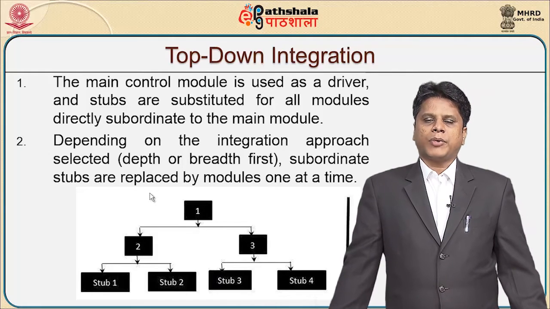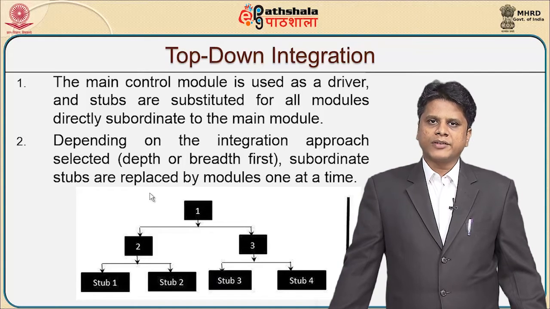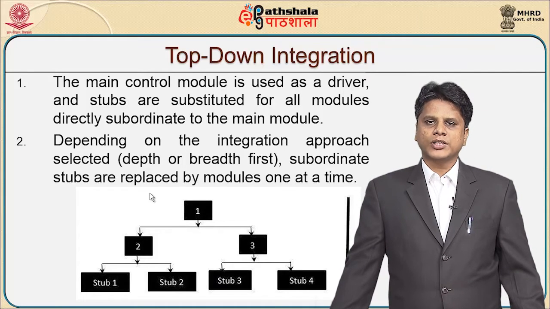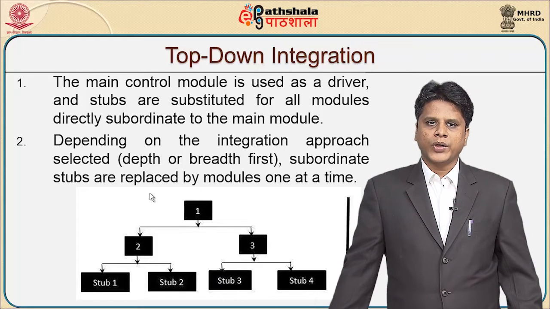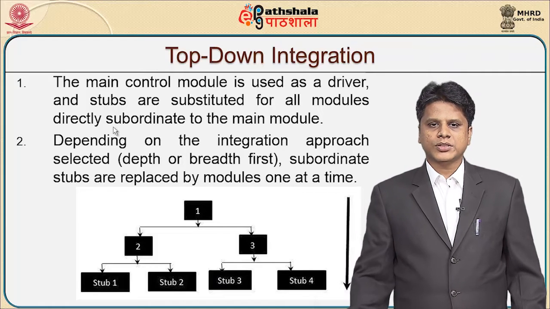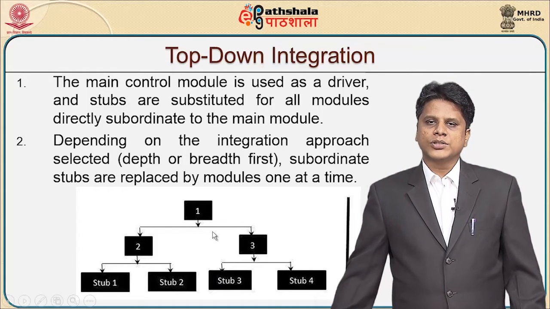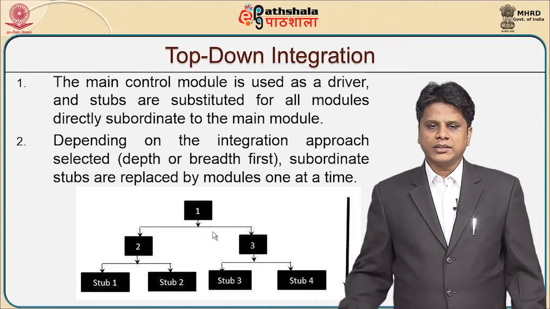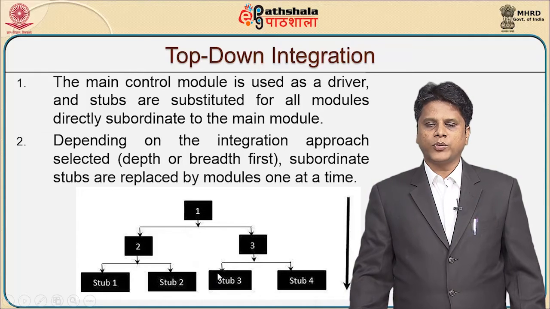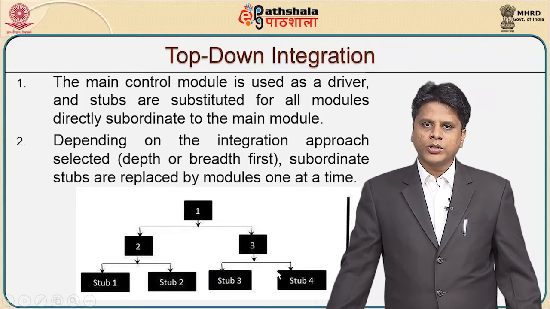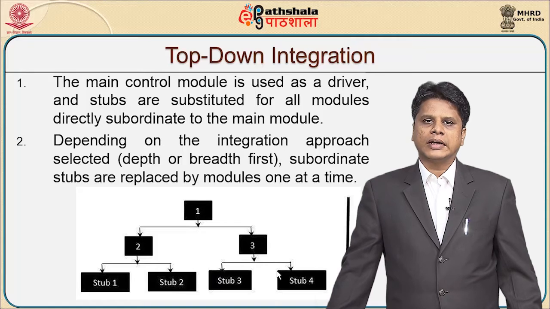This integration might be done at two levels. One is called the top down approach, the other is called the bottom up approach. First we look at what the top down approach means. In top down integration, the main control module, which is 1, is used as a driver, and the stubs 2, 3 or 2.1, 2.2, 3.1, 3.2 are substituted for all modules which are directly subordinate to the main module.